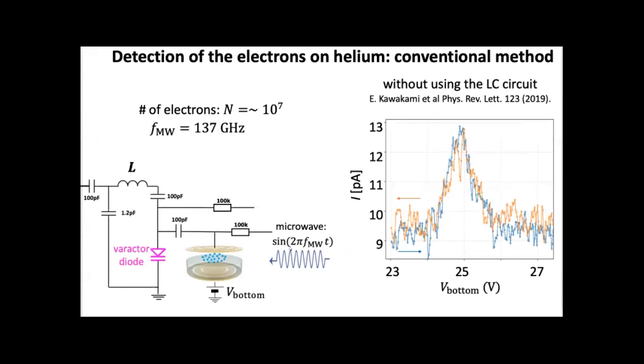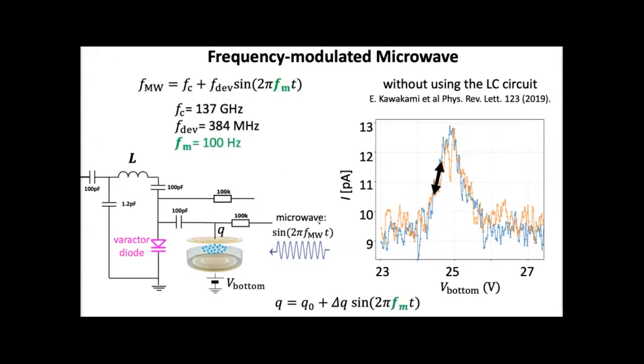We see the peak, and then now, instead of a continuous microwave, we apply frequency modulated microwave, and the modulation frequency is 100 hertz. And the deviation of the frequency is 384 megahertz. But we use the same microwave frequency, so it was always 137 gigahertz.